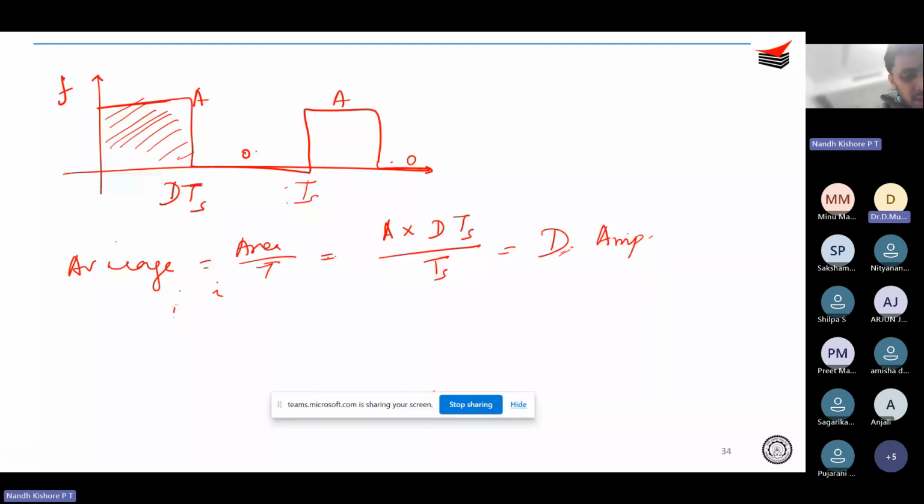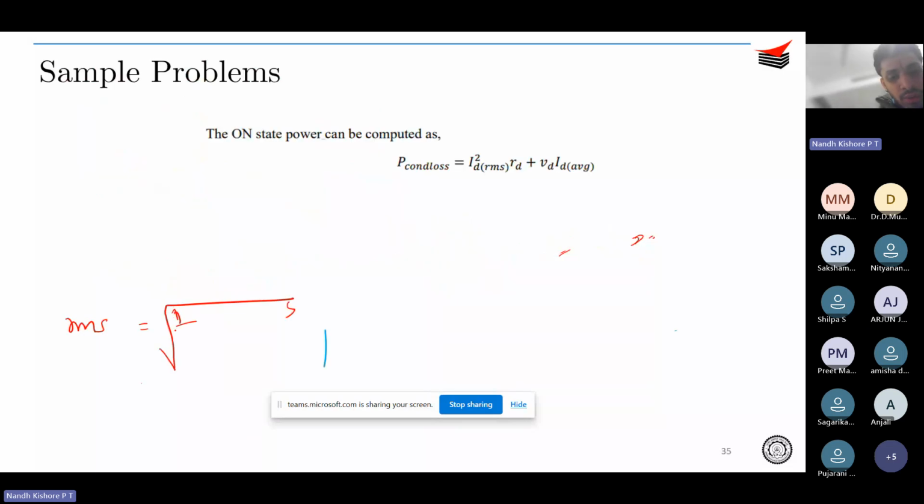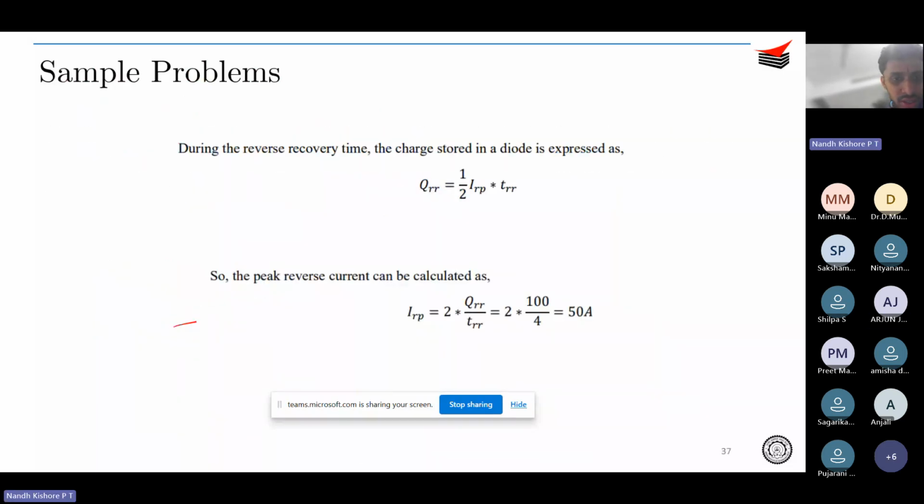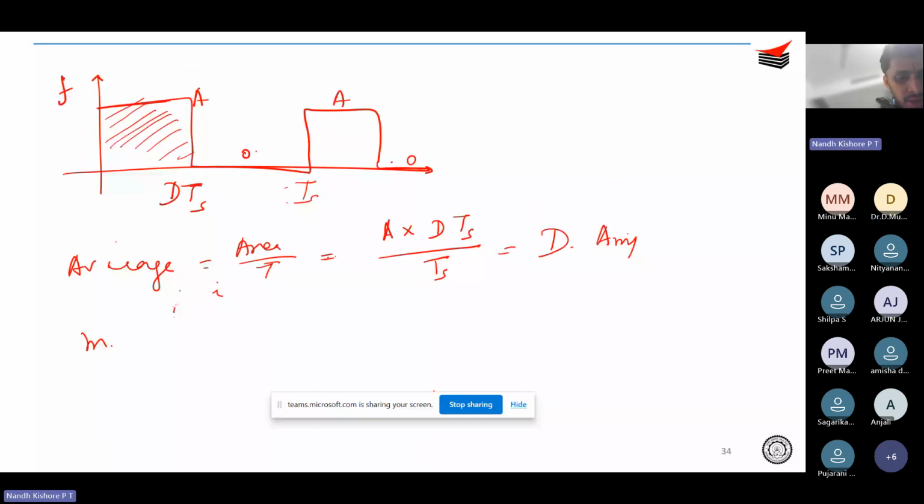And what is the RMS? RMS is going to be, by definition, root mean square, right? So RMS is going to be root over 1 by Ts integral 0 to Ts f squared dt, right?